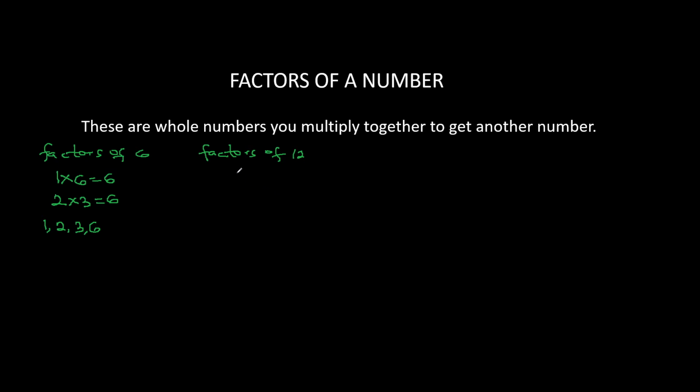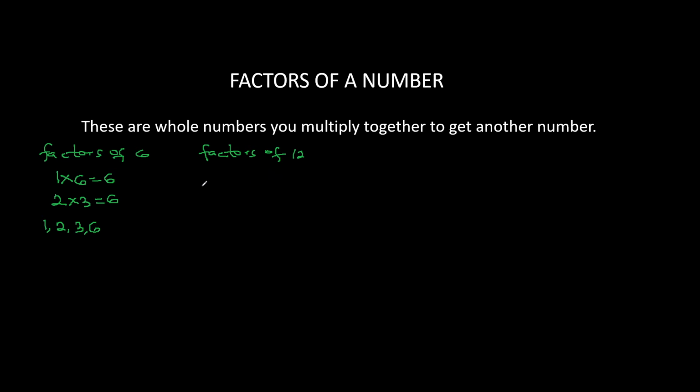So now I'm looking at factors of 12. That means I need two numbers that when I multiply them together give me 12. And this is when your knowledge of your multiplication tables comes in handy. So I will encourage you to learn your multiplication tables very well.